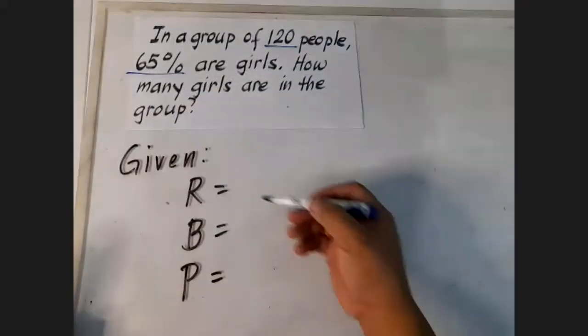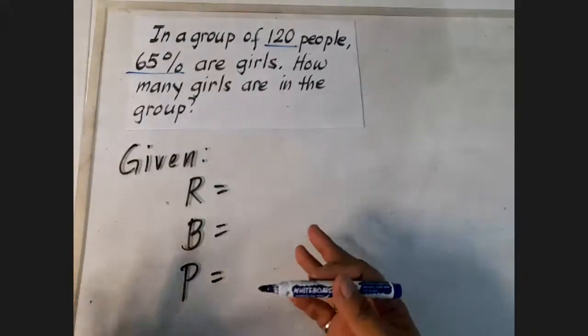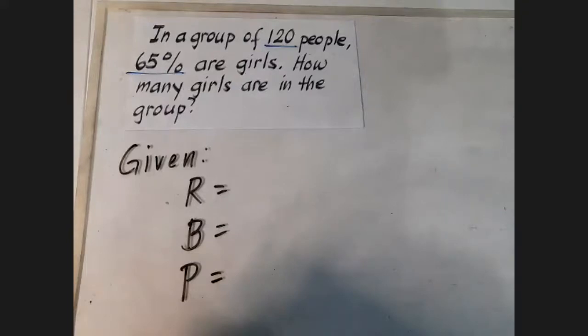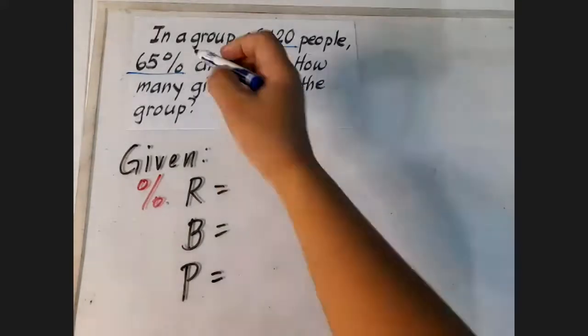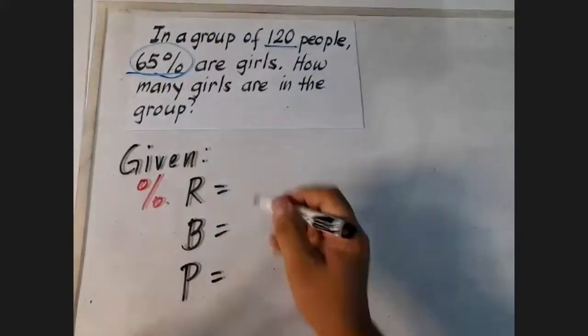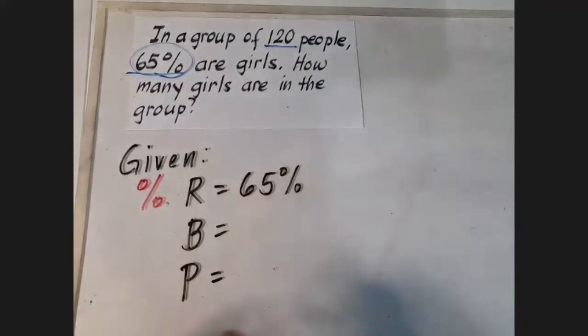So, alin dyan ngayon yung rate? Kagaya ng sinabi ko, ang una ninyong i-identify ay yung rate because rate always goes with the symbol percent. So, dyan sa problem natin, alin yung may percent symbol? Ang may percent na symbol ay yung 65. Okay, so we write down here sa R, 65%.